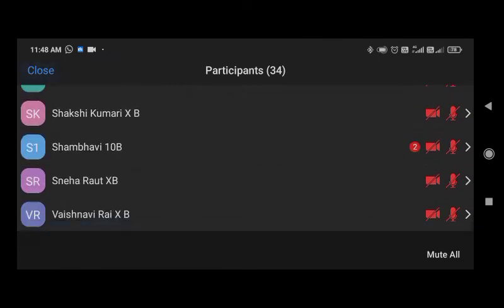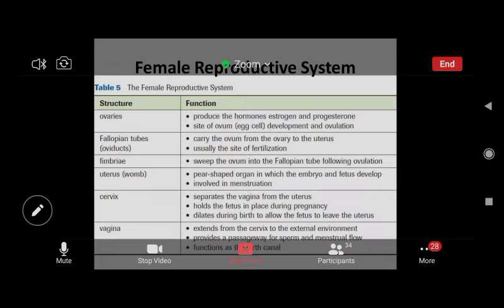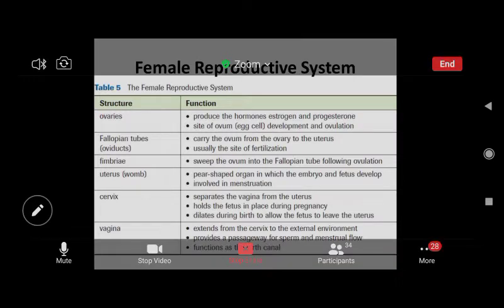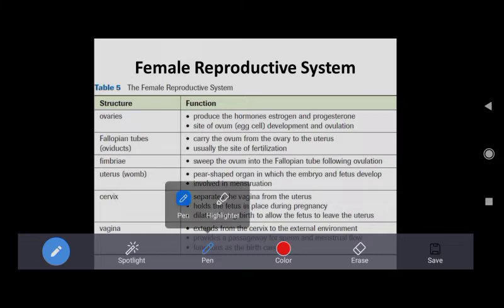Fine. Now students, this table shows us the different structures of the female reproductive system and their functions. Let us discuss the first part. First part is the ovary. Pair of ovaries there. The function of ovary: produce the hormone estrogen and progesterone.